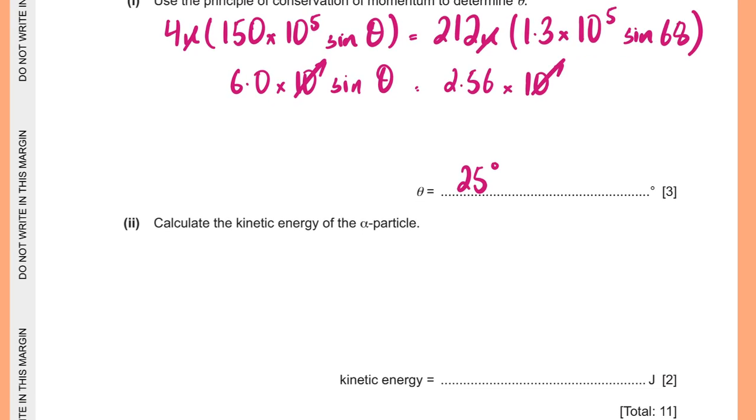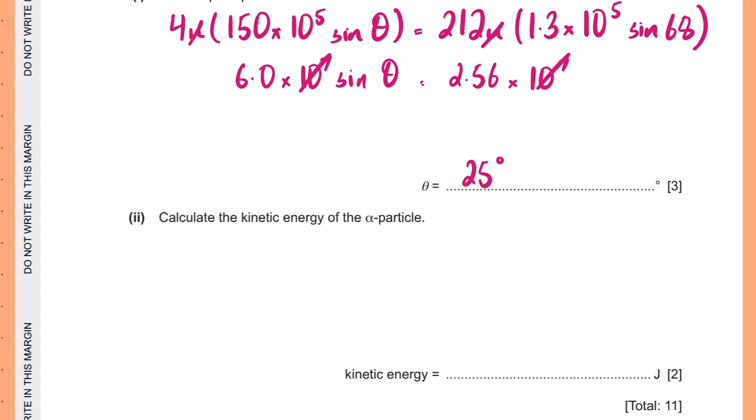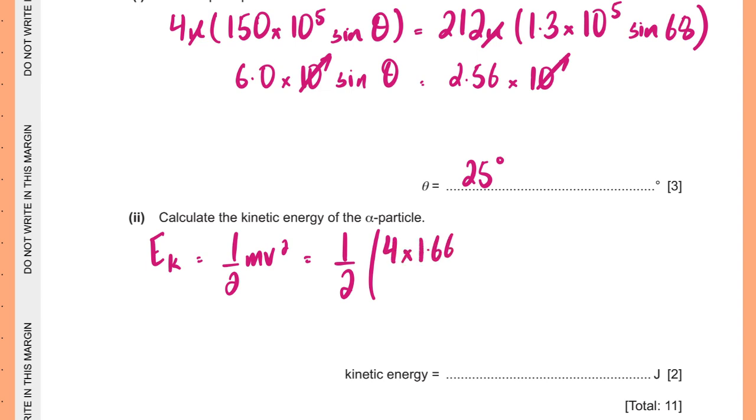Calculate the kinetic energy of the alpha particle. Now for this, you will need to go to the data sheet if you don't have the value of u memorized. So kinetic energy is half mv squared. So half, the alpha particle is 4u. The value of u is 1.66 × 10^-27.